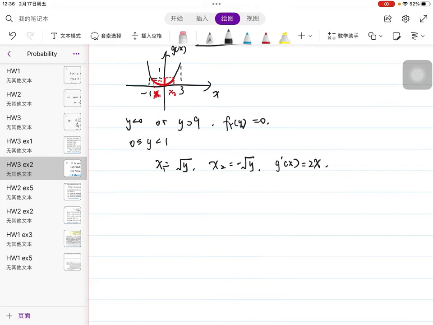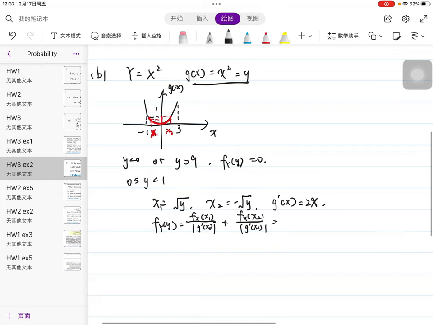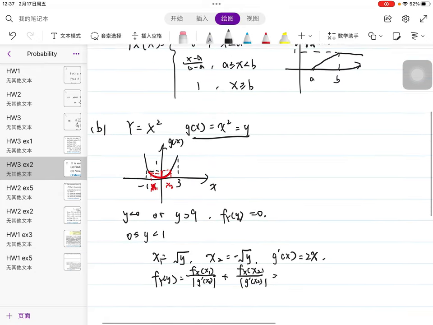I use the formula that the probability density function of y equals the density function of x over the absolute value of the g(x) derivative, at x1 plus the other root x2, right?